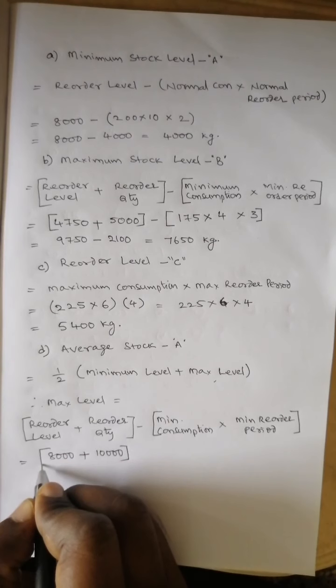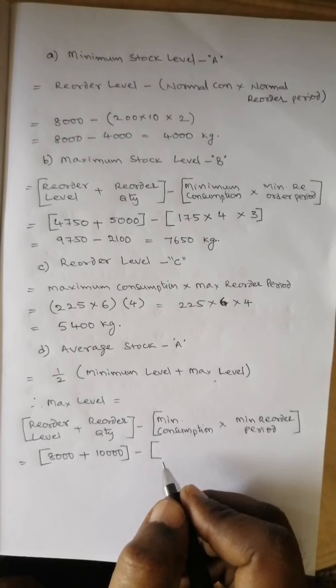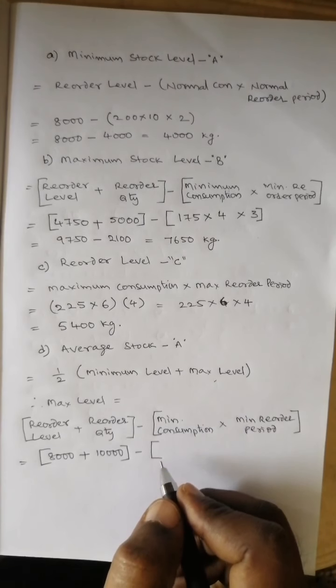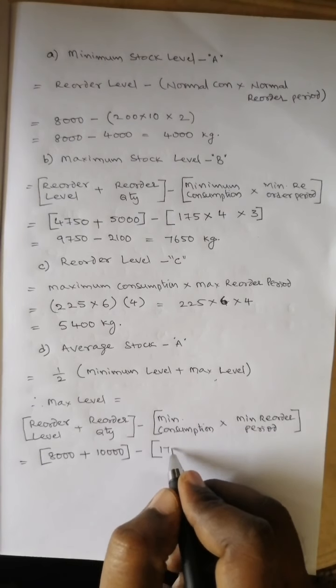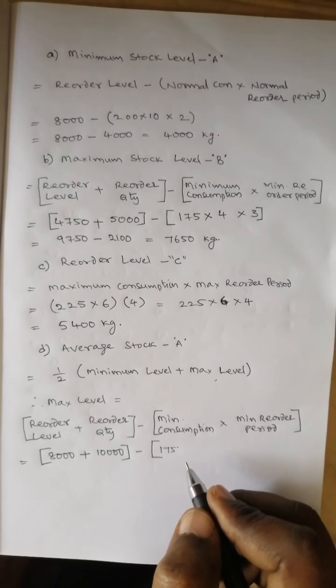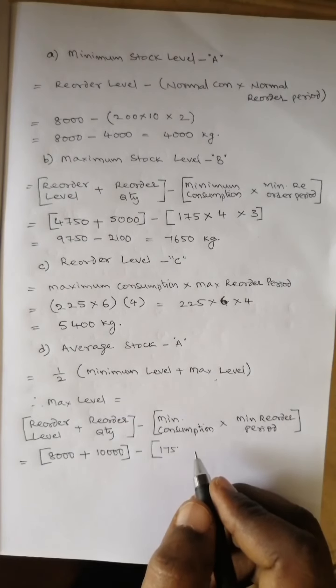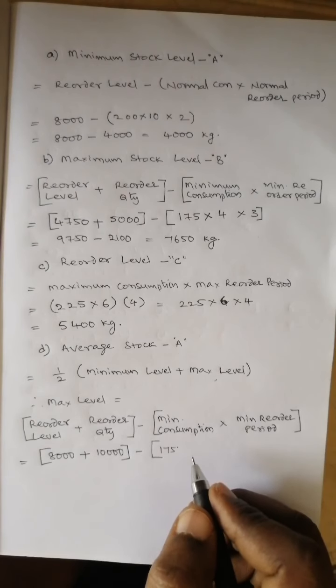So 10 plus 8, 18,000, minus minimum consumption. Minimum consumption for all the products is 175 units, for either material A or B or C, given in the illustration in the form of a sentence after the table.